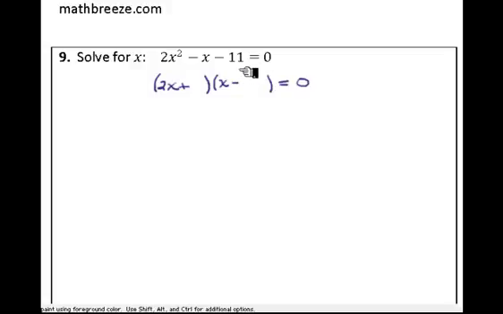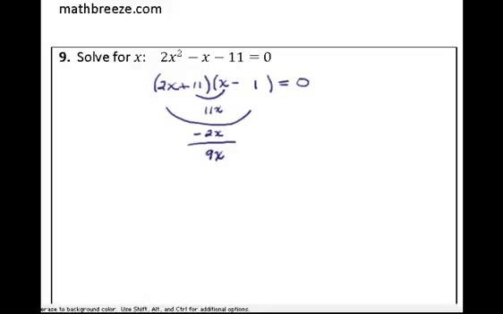Okay, so the only way to factor 11 is 11 times 1. And let's see, if we put the 11 here and the 1 here, we're not going to get the minus x in the middle. Here we have 11x, and here we have minus 2x, which gives us 9x. All right, not the right middle term of minus x.